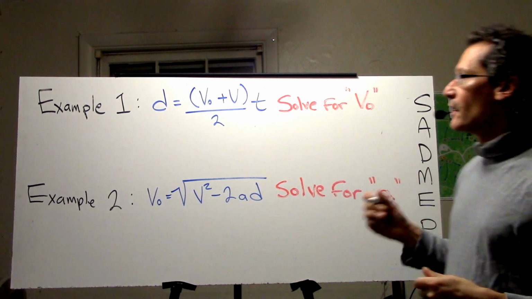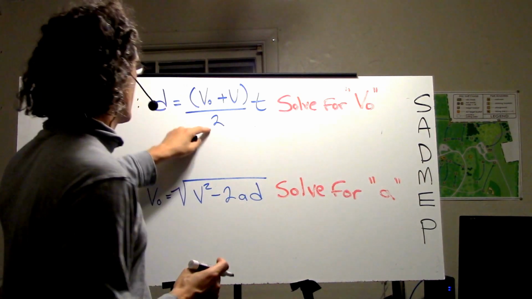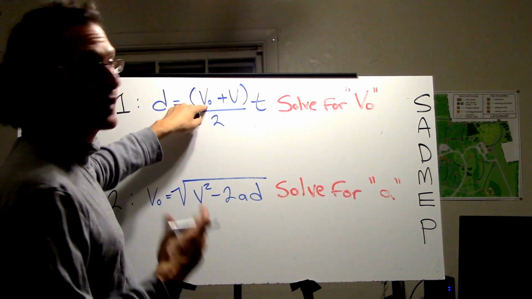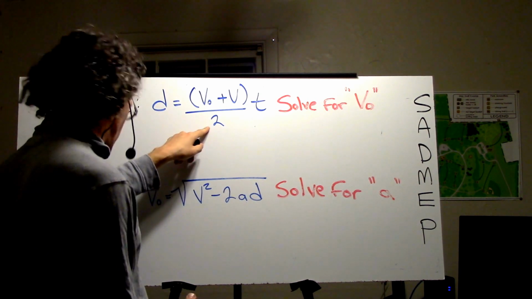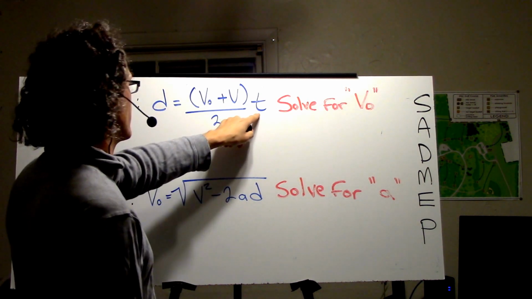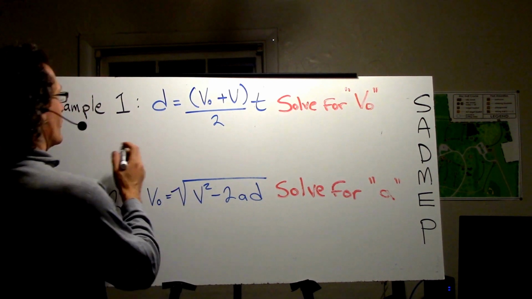Okay? So what I'm going to do in order to isolate the items in parentheses is multiply both sides of the equation by 2 and I'm going to divide both sides by t. So here we go.